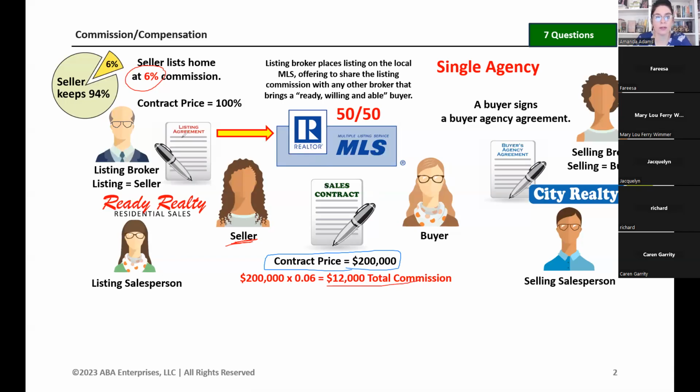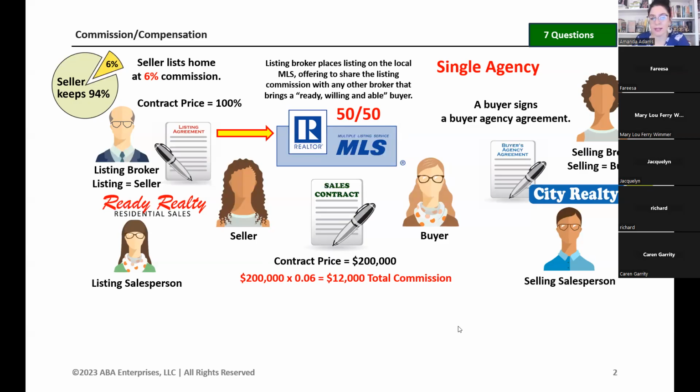Now, remember, this listing broker has promised to split commissions with the buyer side. He's promised to split them 50-50. So what do we have to do to this 12,000? He's promised to split it 50-50. We got to divide it by 2, don't we?